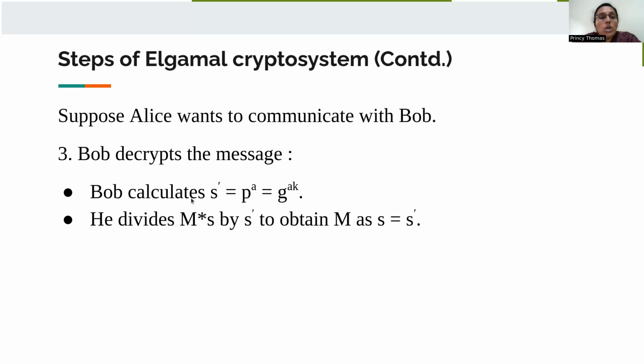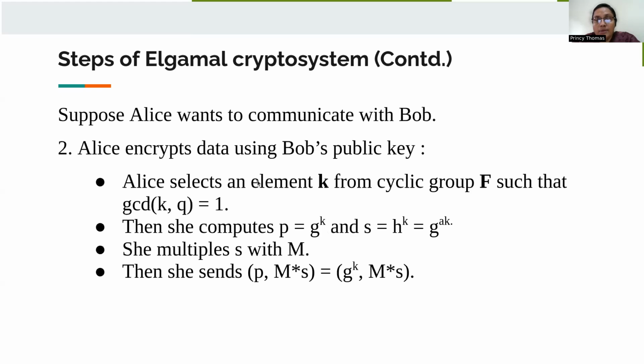So Bob calculates P raised to A. Remember, P is G raised to K. So from P, neither G nor K can be separately found out. He exponentiates P with A, and it is in effect G raised to AK.